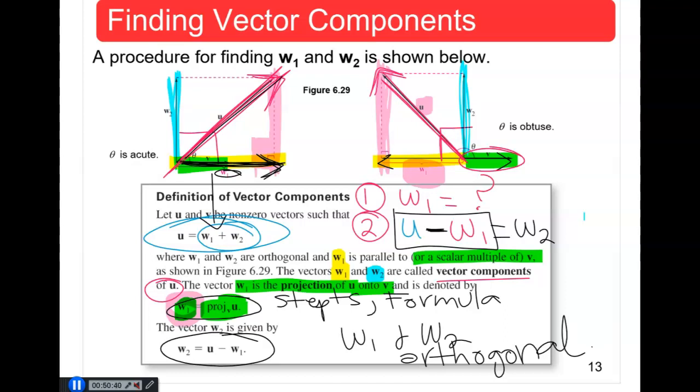And if it is perpendicular, you know there is a 90-degree angle.